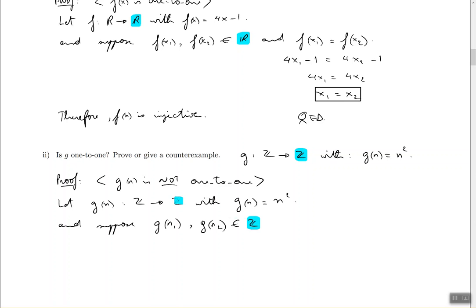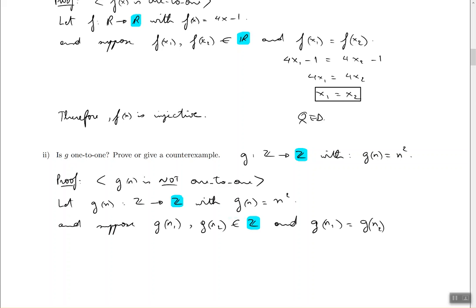I'm talking about the Z in the second location after the arrow. And I want to suppose that they are equal. So I'm grabbing two y coordinates in the codomain, and I'm making sure that they are equal. And the question is, well, do the pre-images have to be the same?